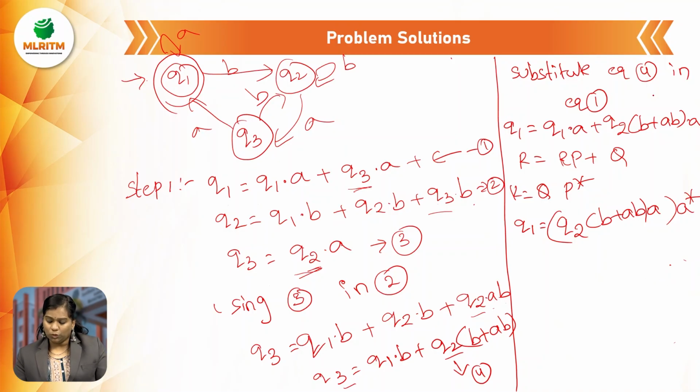Means here substitute equation 4 in equation 1. After substituting we need to perform Arden's theorem. Arden's theorem is R is equal to RP plus Q; R is equal to QP star. Q1 is equal to Q2 times B plus AB into A star.